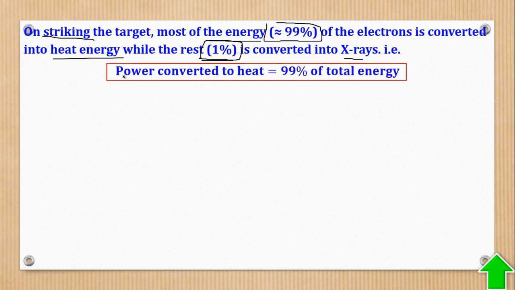So they can also ask for the power converted into heat. That power will be equal to 99% of the total energy. So usually they will give you the percentage which is converted to heat. Therefore, when they give you the percentage is what you put here. This is the total energy. We shall see how it is calculated.